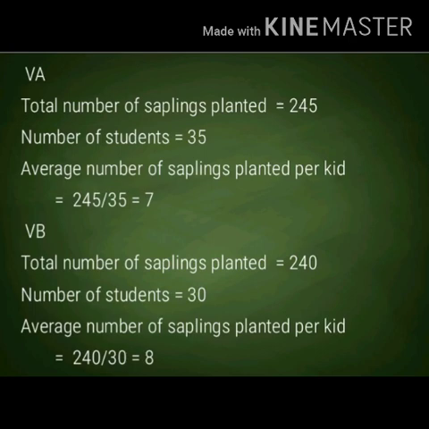Then the average number of saplings planted per kid is 8. And there is another question, which division did a better job? By comparing the averages, we can conclude that 5th B did a better job. They planted 8 trees per kid. They did a good job.